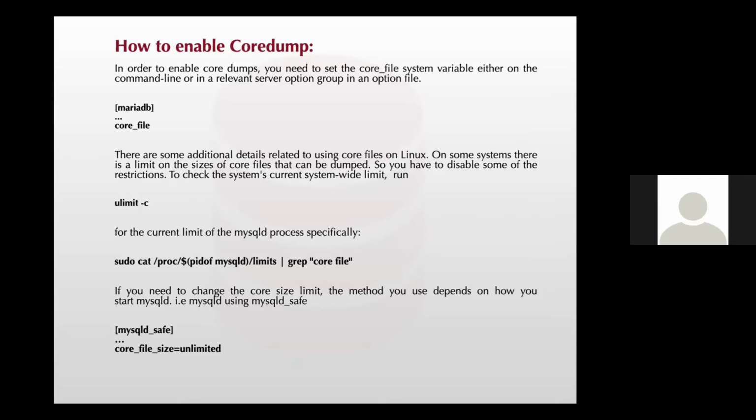So this is how you can enable core dump, but this is not enough, because there are some additional details related to the core files, especially for the Linux operating system, where you have to limit the size of core files. Earlier, it was a really hectic process to capture the core file, because it was sometimes taking lots of space, in GBs.